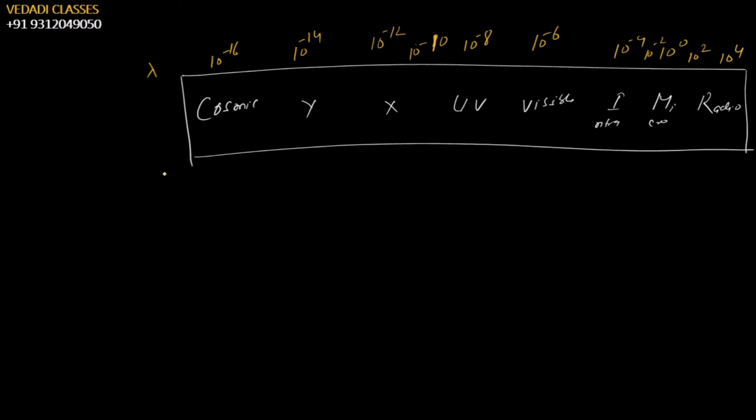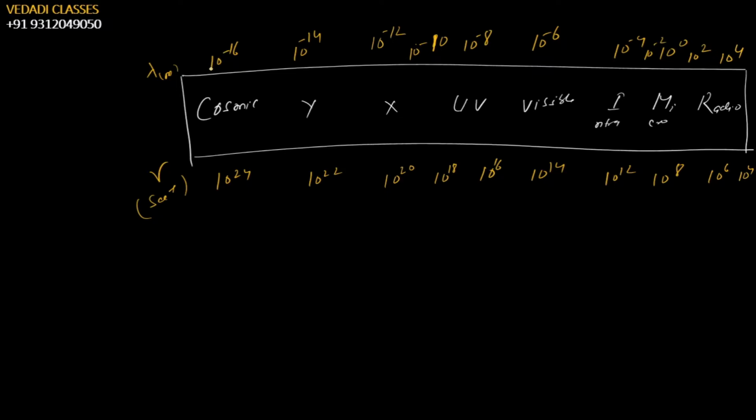Now have a look here. Nu is in per second, the unit is per second, and lambda is in meter. So the frequencies are 10 power 24, 10 power 22, 10 power 20, 10 power 18, 10 power 16, then 10 power 14, 10 power 12, 10 power 8, 10 power 6, 10 power 4, just like this.